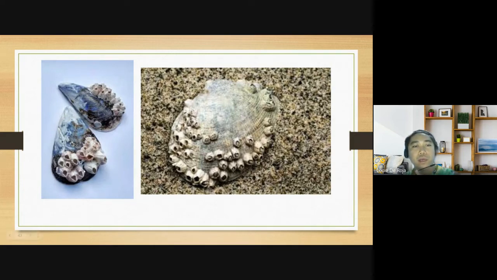So itong barnacle na nakadikit, nagbe-benefit siya kasi nakakakuha siya ng pagkain doon sa tubig, di ba? Yung maliliit na planktons. And then yung tahong, wala naman siyang benefit na nakukuha or hindi naman siya na-harm kasi nakadikit lang naman siya doon sa shell.